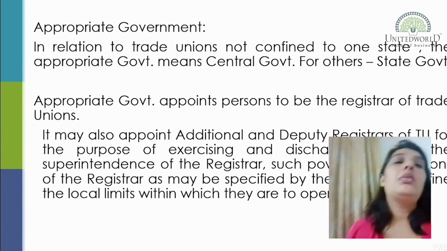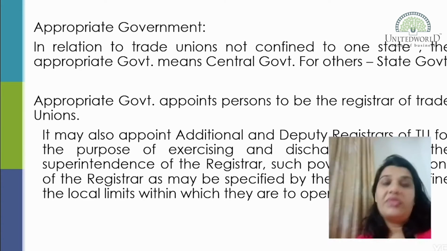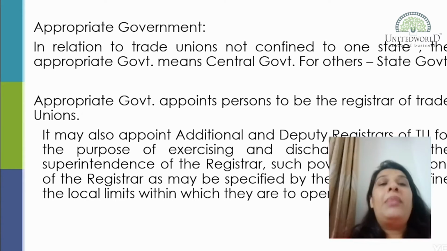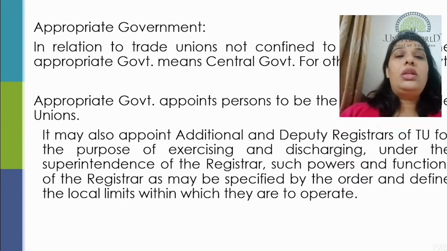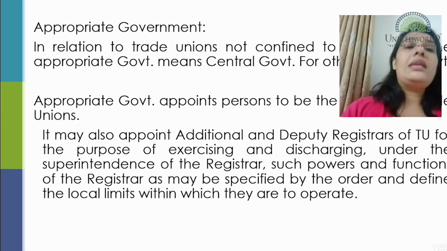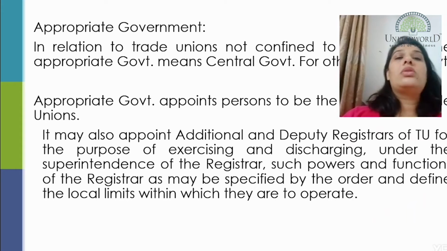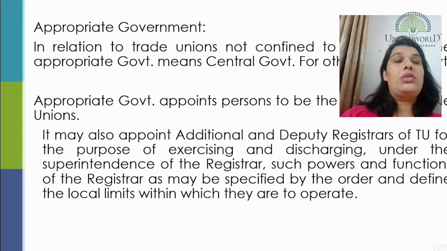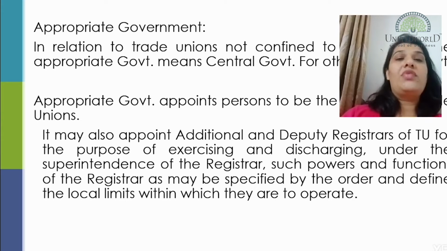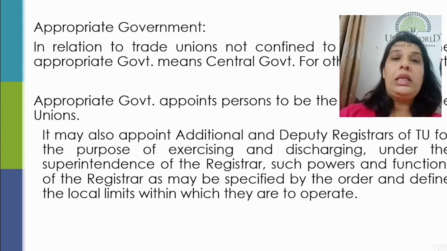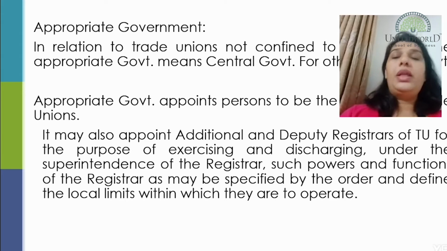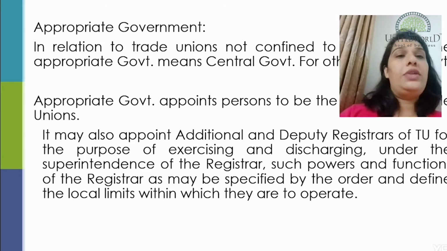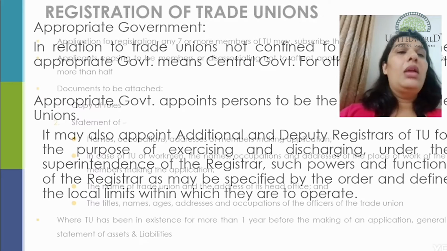The appropriate government generally appoints a person to be the registrar of trade unions, and it may also appoint additional and deputy registrars for exercising and discharging, under the superintendence of the registrar, such powers and functions of the registrar as may be specified by order, and defines the local limits within which they are to operate. So the appropriate government regulates trade unions and their functioning.